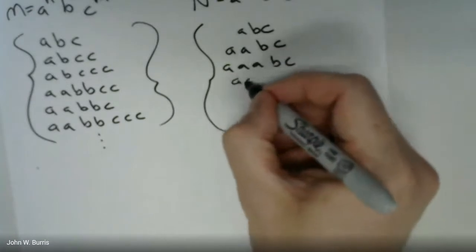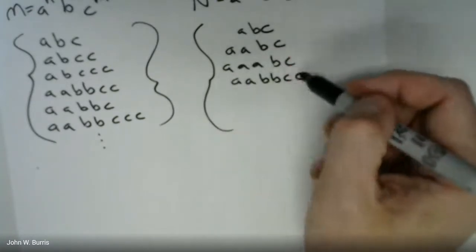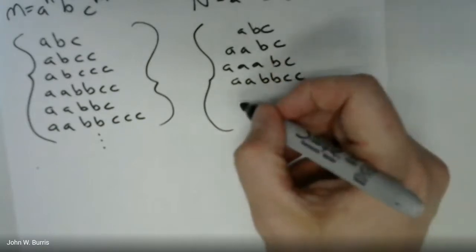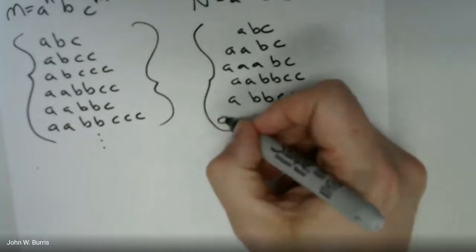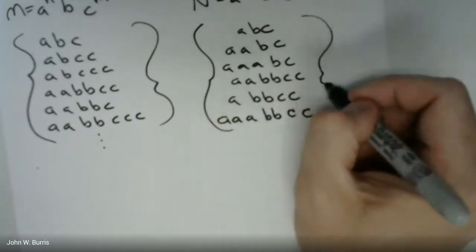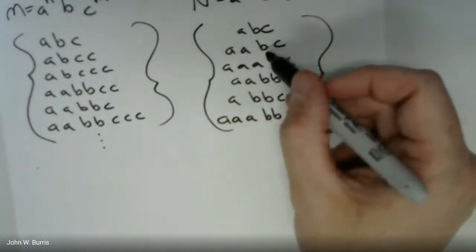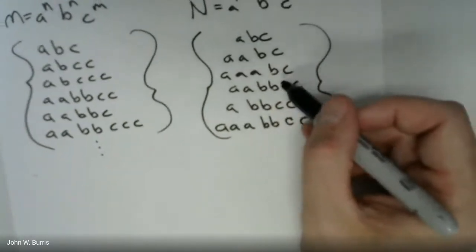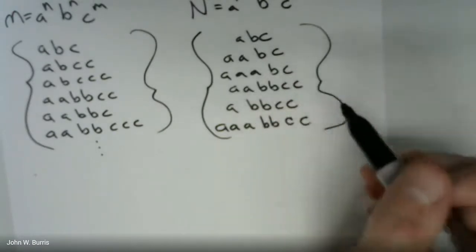You could also have AABBCC because N would be equal to 2 and M would be equal to 2. But you could also have ABBCC, or you could have AAABBCC. The number of A's has no relationship to the number of B's. The number of A's has no relationship to the number of C's.